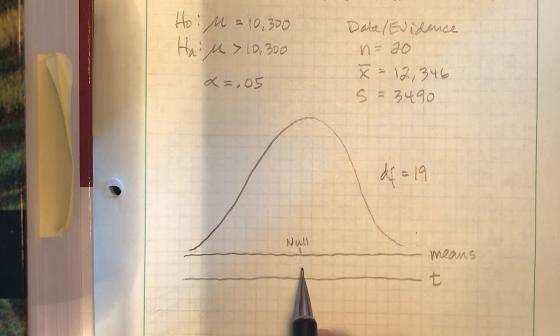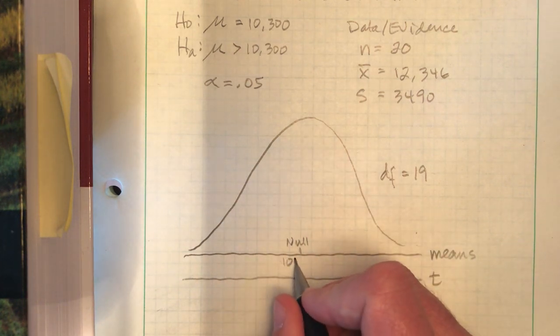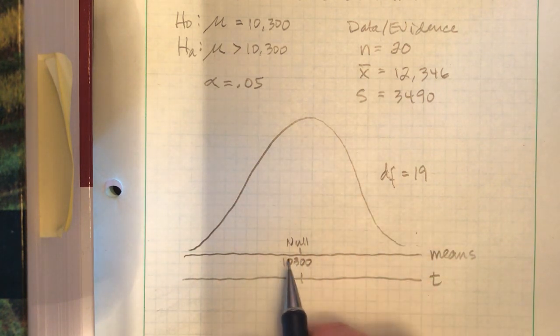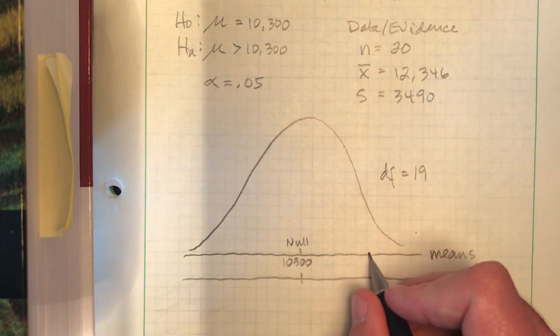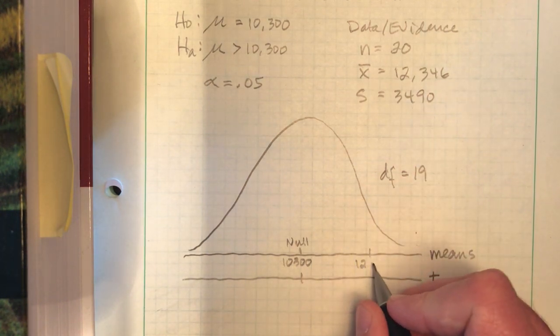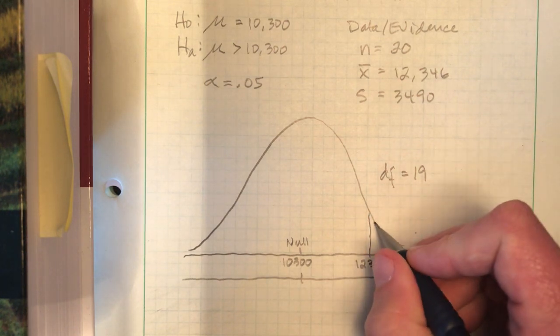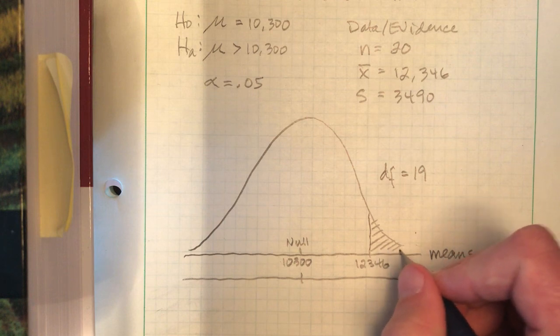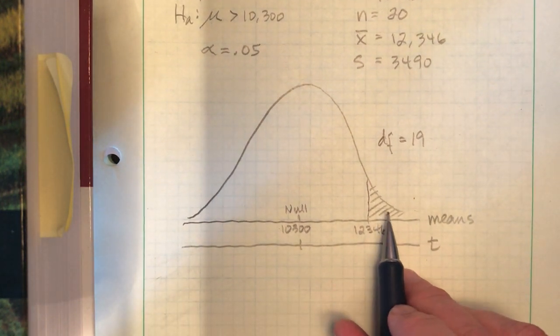My null number always sits in the middle, so I go up and I grab 10,300. And then my evidence, 12,000, clearly is to the right of that, somewhere to the right. I don't know if it's close or far away. This is a one-tailed test because it's just greater than, so we are out to find the area under this curve, which is called the p-value.